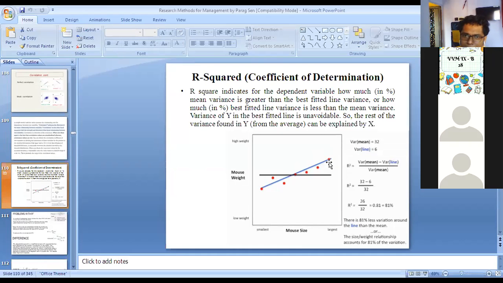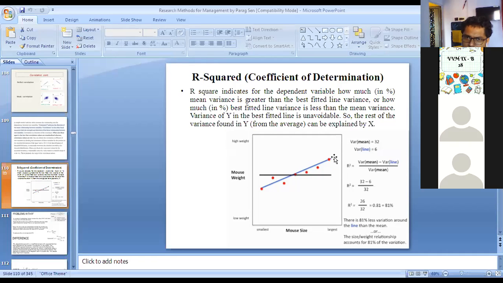That means the variation for the best fitted line that you are capable to see is only because of the unavoidable variation, that means only because of the error variance or the unique variation itself.